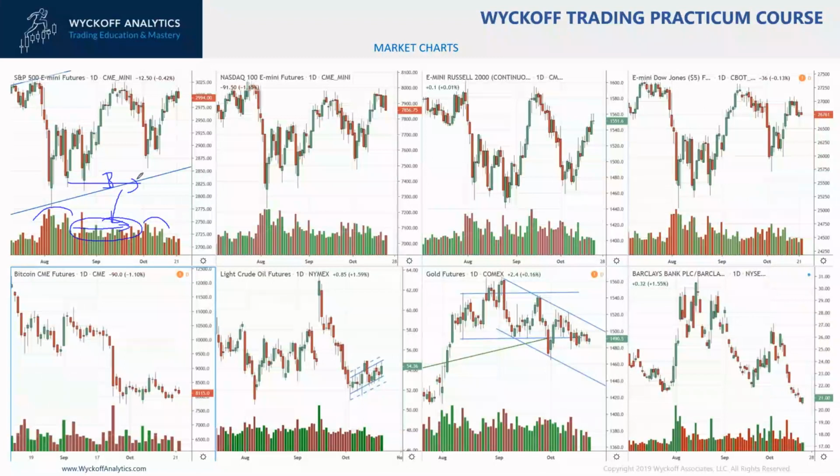Supply is exhausted because it was pushing down, and there are no more sellers. And demand is exhausted because it was absorbing, pushing up, and now it's exhausted. So therefore, going into phase B, we have a lot of patterns in the volume signature where the volume goes down because all of the bets are made.